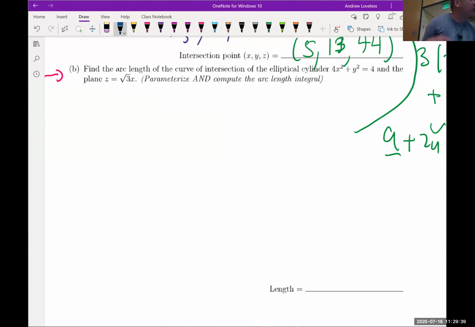So it's one of those toss-ups whether it'll be there or not. So we have to give some other things our time. There's just a limited amount of space in the test. So find the arc length of the curve of intersection of this elliptical cylinder and this.